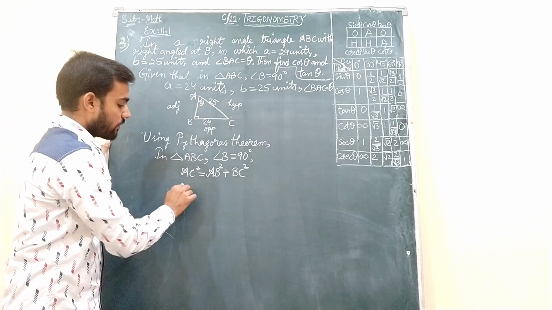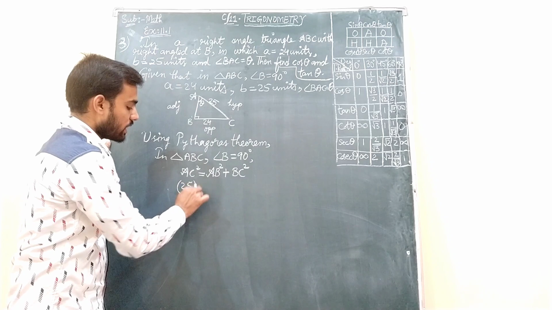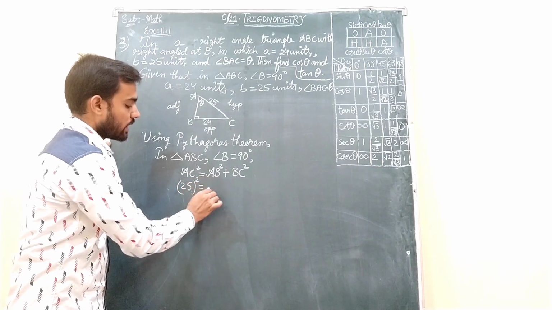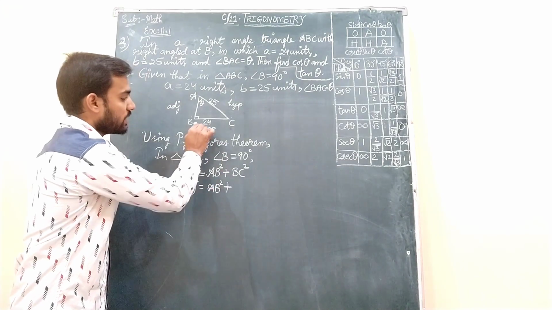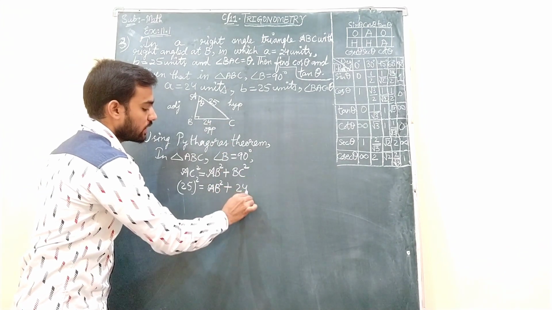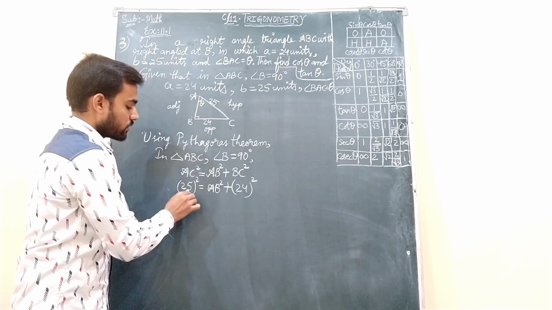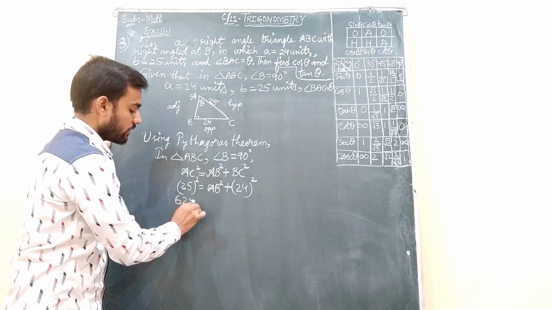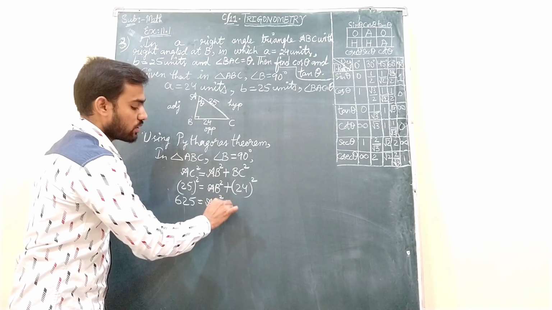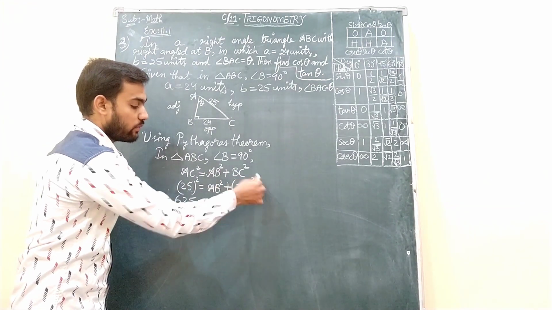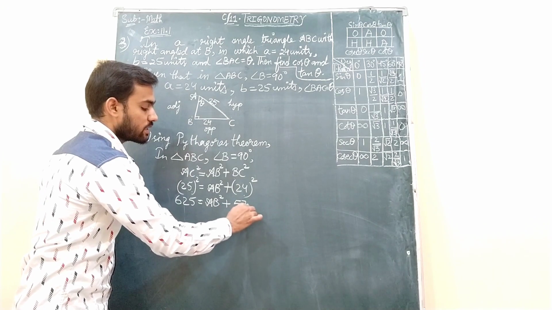Now we will substitute the values. AC is 25. So 25 square equals AB, we don't know, so we will write it as AB square, plus BC is 24, so I will write over here 24 square. 25 square, just now we have seen, is 625, equals AB square plus, and this also we did in our earlier problem, 24 square is 576.